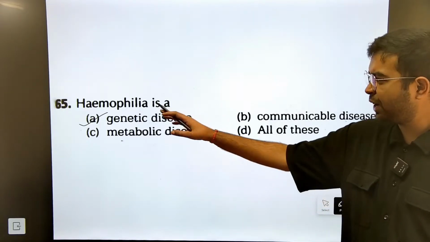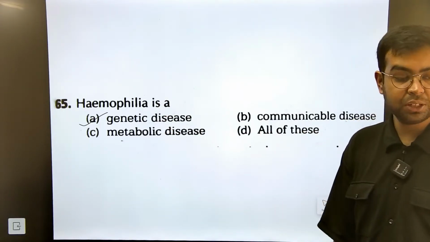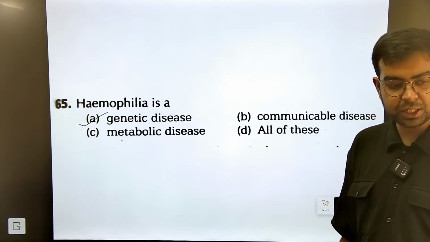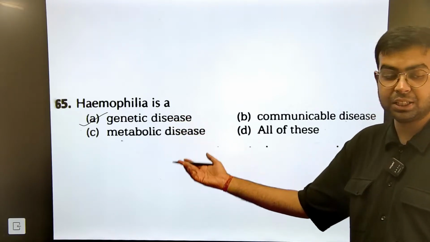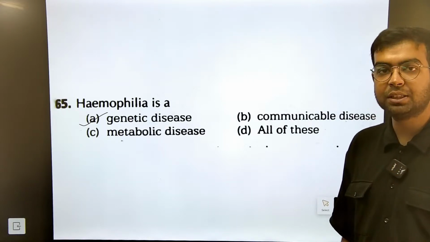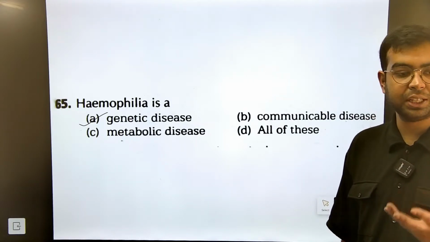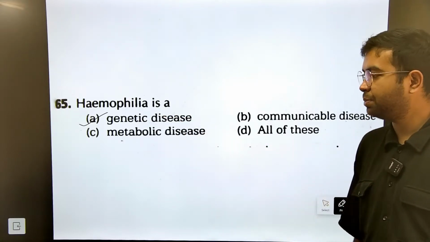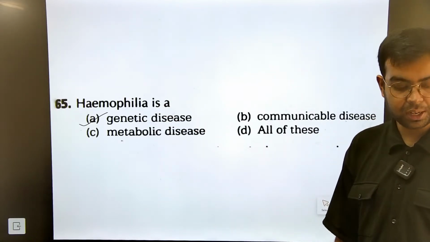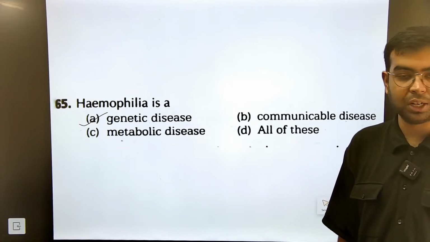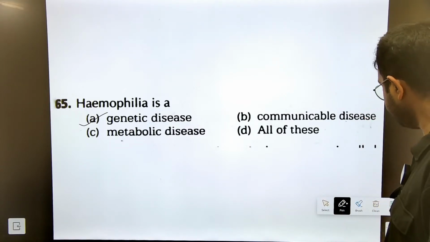So yeah, this is another fact about hemophilia. Hemophilia is also known as the royal bleeders disease. It is known that way because it is a genetic disorder. In the British royal family they used to marry within the family. Because of that, some genetic anomalies occur, and because of that the genetic disease happens, which is known as hemophilia. With a cut on the hand or leg or anything, the bleeding does not stop easily, clotting does not happen. Okay.